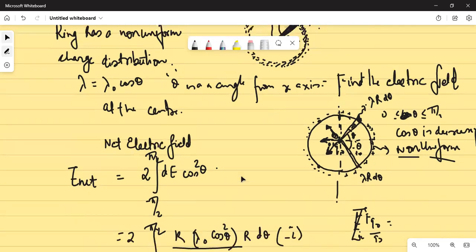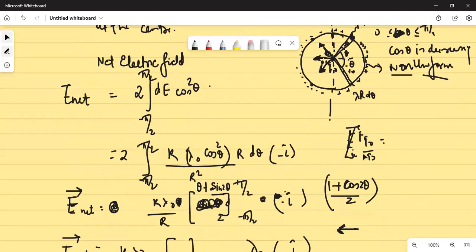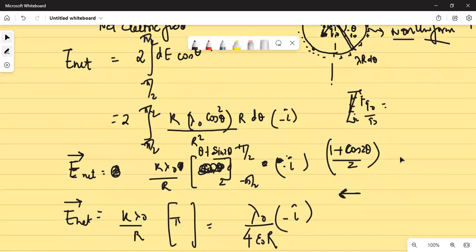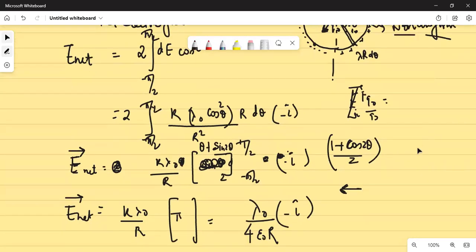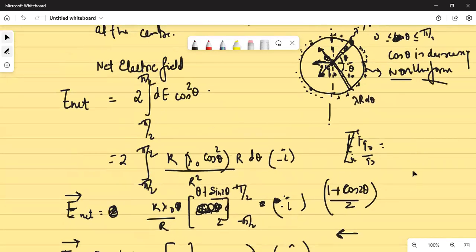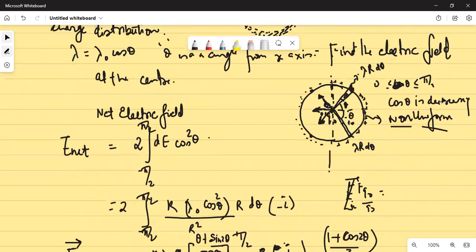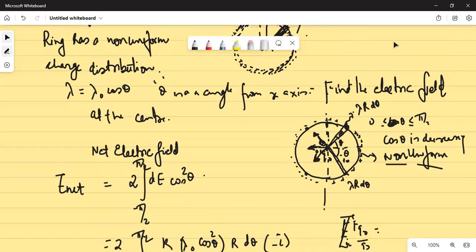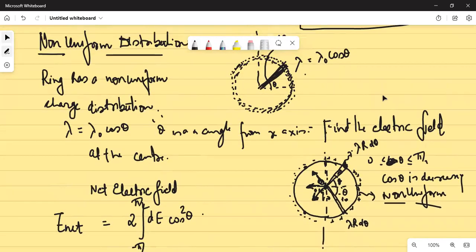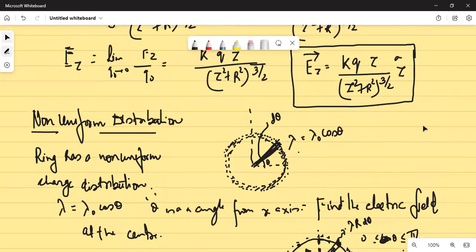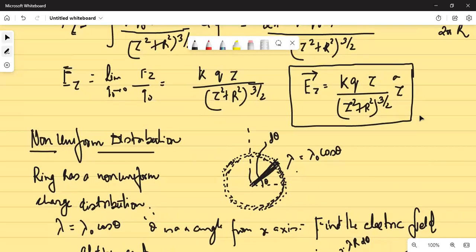But my only request to you is just go and revise whatever you've done in at least standard 12th, not beyond that. At least standard 12th, you have this NCERT textbook. You just go through that NCERT textbook. That is very beautiful. I had never gone through that NCERT textbook while I was in standard 12th. I used to study from Halliday and Resnick.